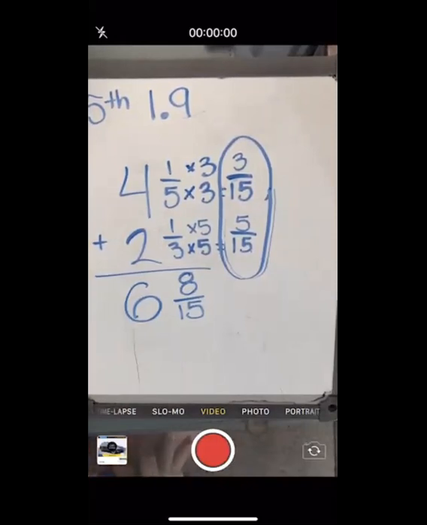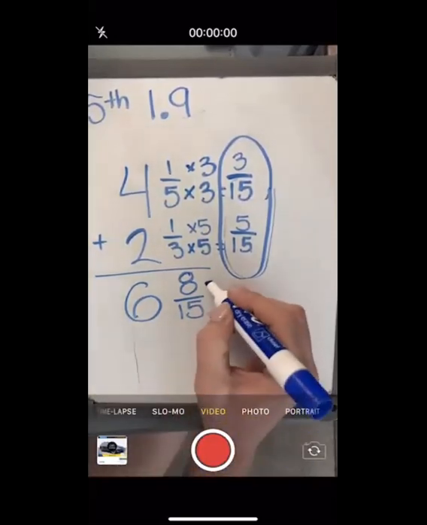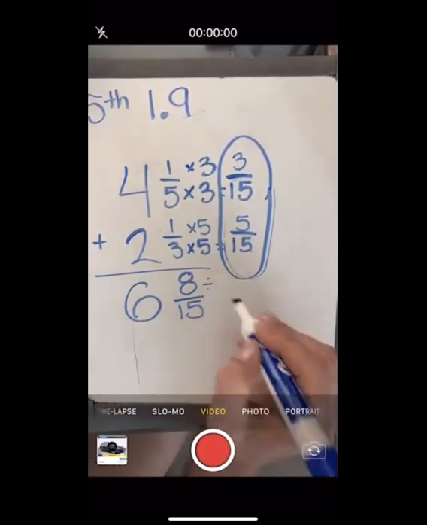Ridian, you are our simplification expert. Can I simplify this any further? Nope. Why not? They don't go into each other. They don't have a common factor, do they? We can only make them smaller, but we can't make them bigger.